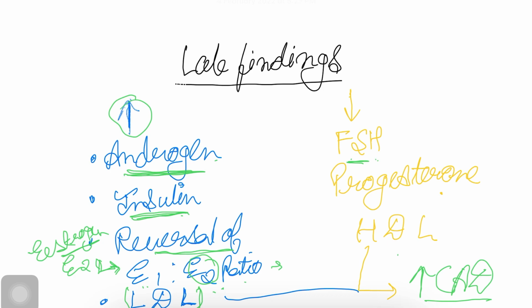There will be anovulation, so there will be no LH surge, no progesterone, and there will be a decrease in the level of HDL. As you have seen, there is a decrease in HDL and an increase in LDL, so the patient is at more risk of coronary artery disease.